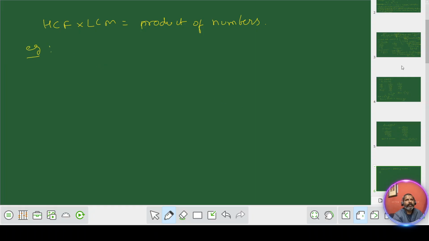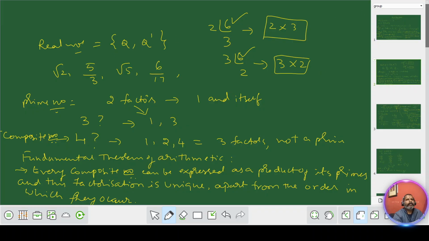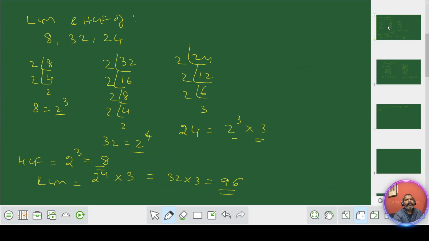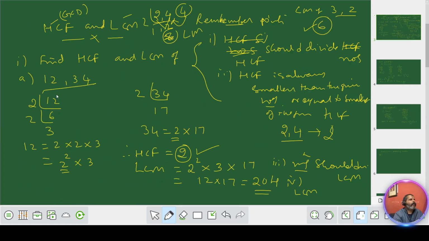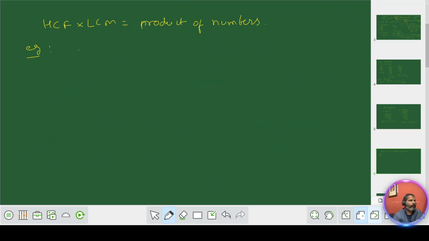Let's take 12 and 34, and the HCF is 2. If HCF is 2 and the numbers are 12 and 34, how do you find the LCM? Don't start with prime factorization. It's not required. Now we have a relation, we use that.